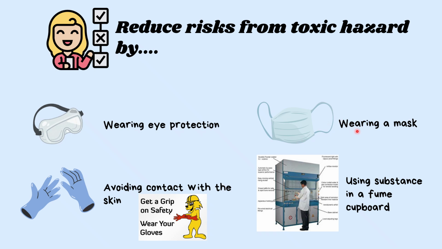And also to avoid inhalation of these dangerous fumes, we are going to wear a mask. Now suppose in your laboratory you have a fume cupboard or fume chamber, you're going to use it. It has an exhaust which puts those fumes away from your inhalation, so you will not be able to inhale those fumes, because you are carrying it out in a fume cupboard.